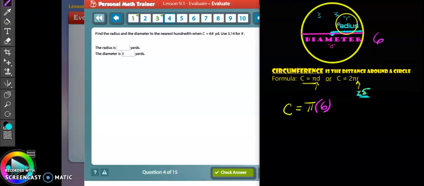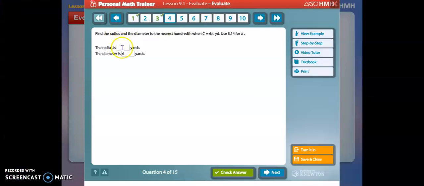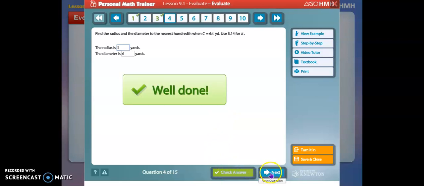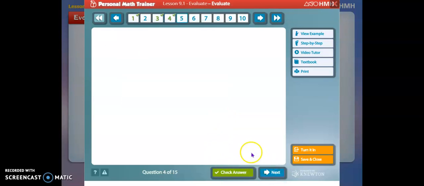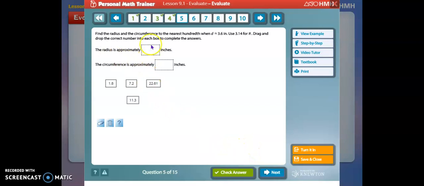So the radius has to be 3. That's half of the diameter. This one's a pretty easy one. I think you can try to figure this one out just by dragging those in there. This should be common sense. We're going to try a different one.